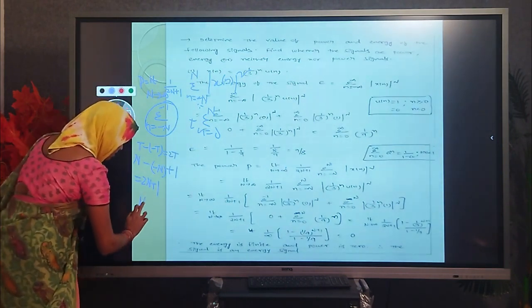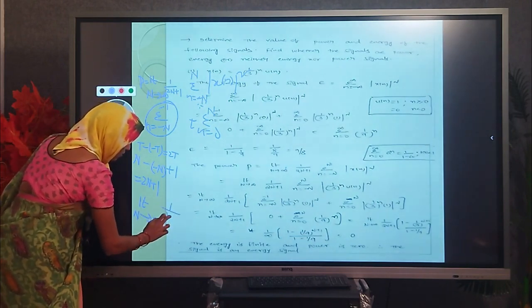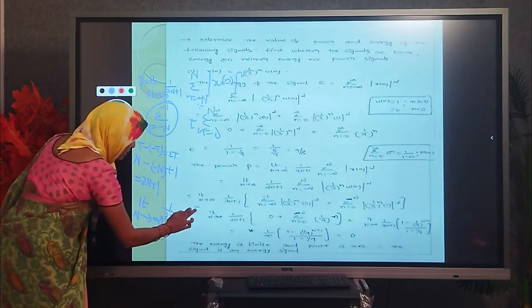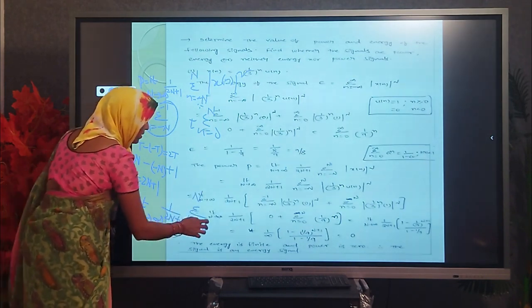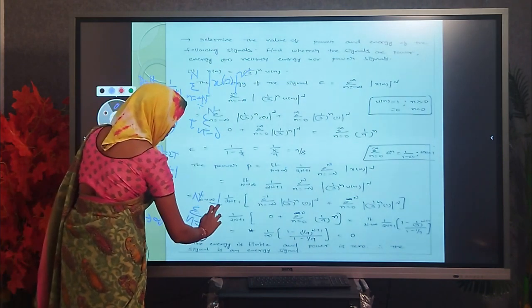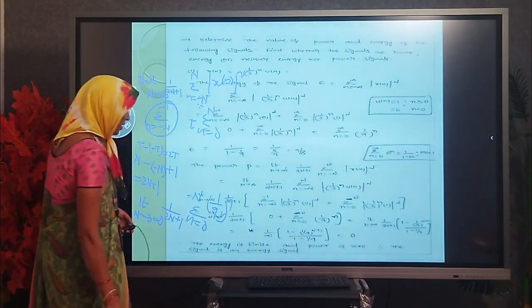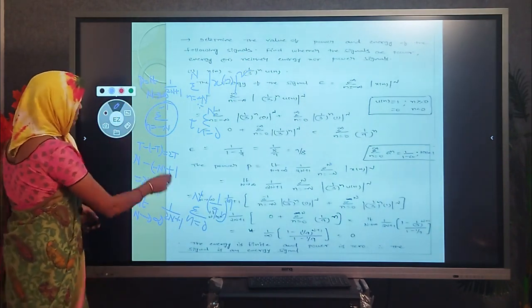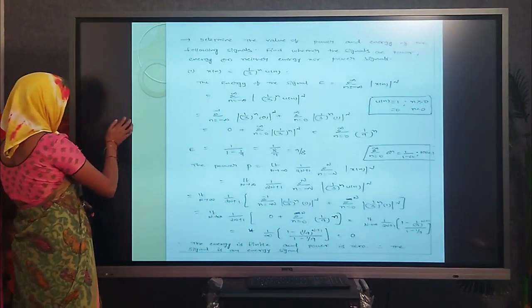That's why we simply write limit n tends to infinity 1 by 2n plus 1 summation of n equal 0 to n 1 by 3 power n whole square, which means 1 by 9 power n. And how to expand this one?